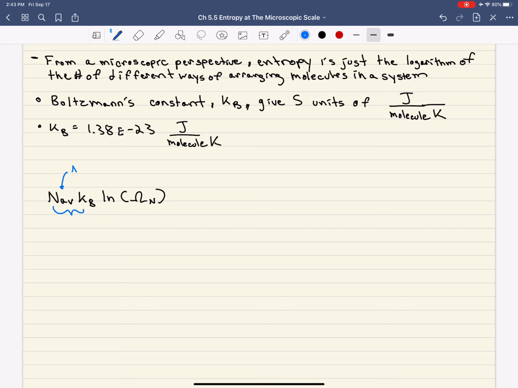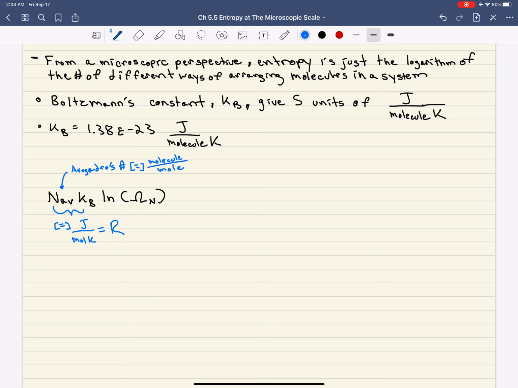N_A is Avogadro's number, and that has units of molecule per mole. And so when you multiply Avogadro's number by Boltzmann's constant, what you get is joules per mole K. Otherwise, this product is known as the gas constant, right?